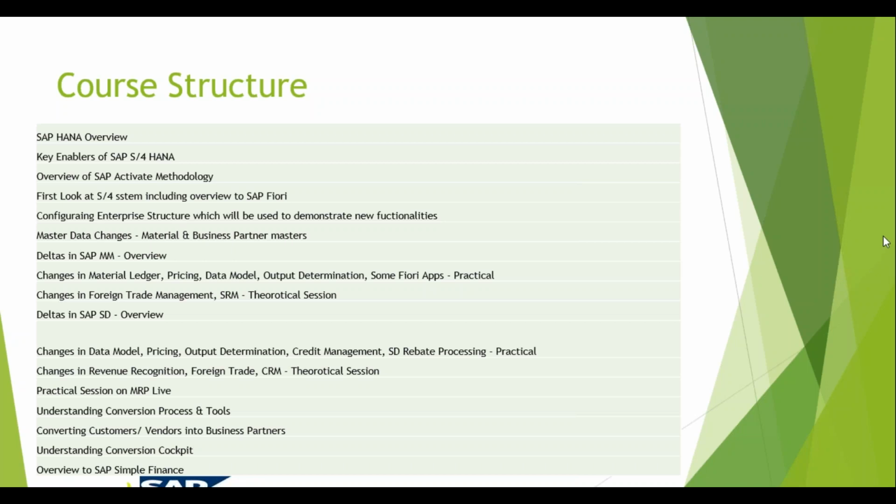We'll talk about what is in-memory computing, what is column-based data storage, what is the simplified data model, and how the HANA calculation engine is faster compared to the traditional databases, which will help you understand why SAP HANA is faster. So this will be the overview session on why SAP HANA is faster than the traditional databases.